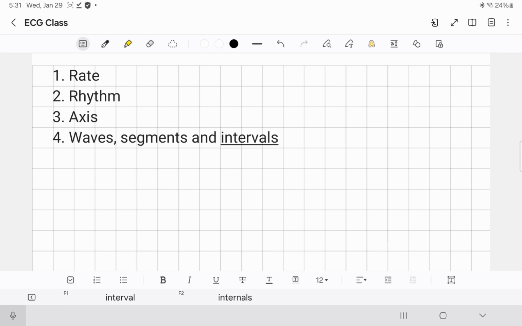So let's give a few definitions so that we know what we're talking about, right?